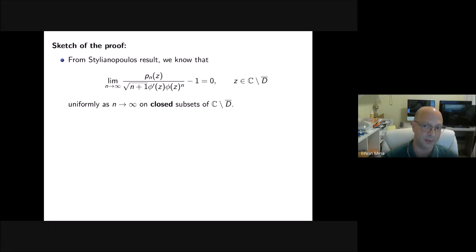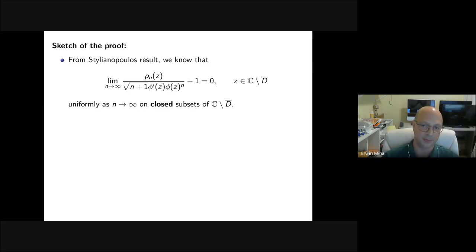You have to see the right way to deduce these results, and typically it's not going to be an easy argument. It could be quite complicated, so I'm not going to explain all the details. I'm just going to give you a very light flavor of what is involved in deducing these results.